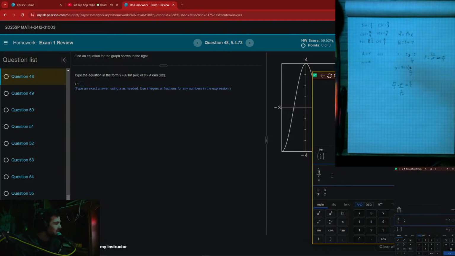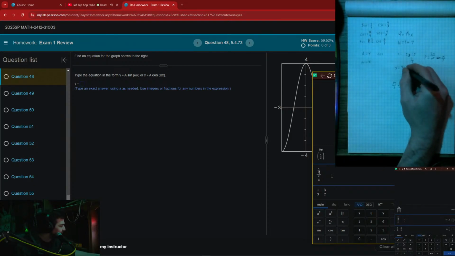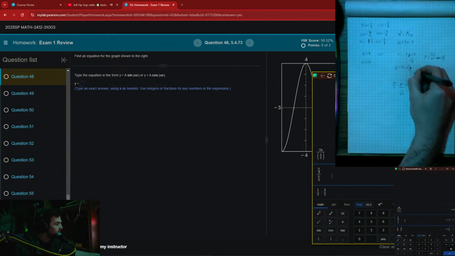I think that makes the entire equation 4 sine pi over 3 x plus or minus, let's do minus, pi over 3, and it could be plus, I think.